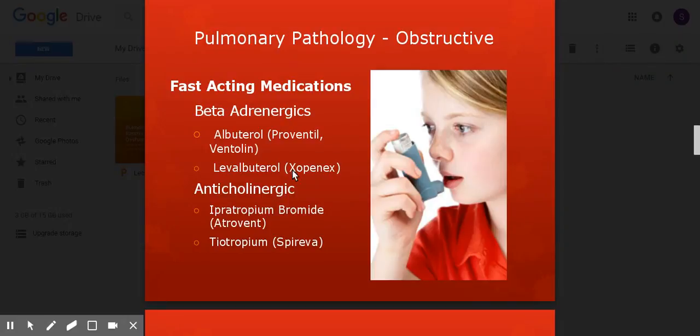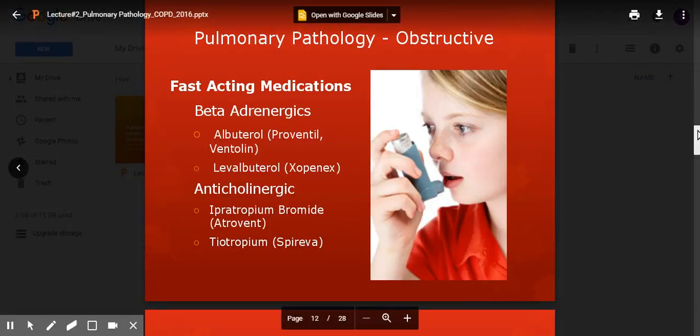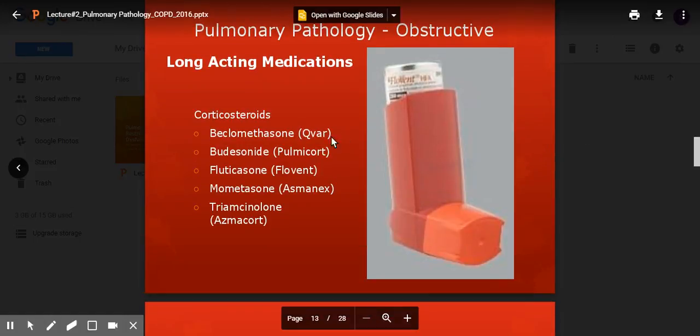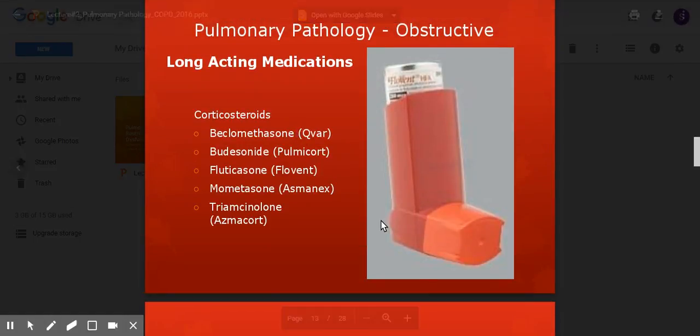And these relax the smooth muscle tissue, while corticosteroids, such as the ones listed here, reduce the inflammation.